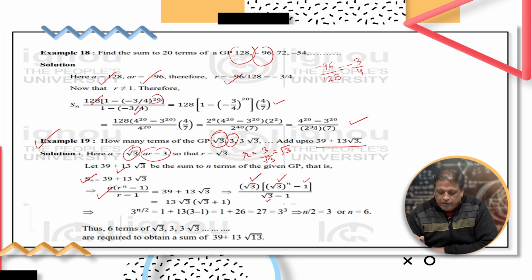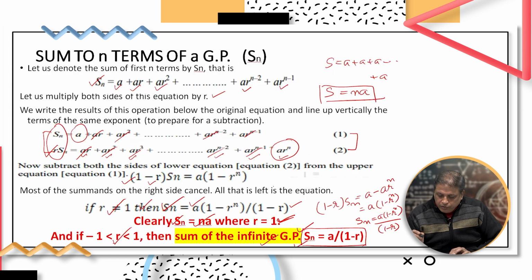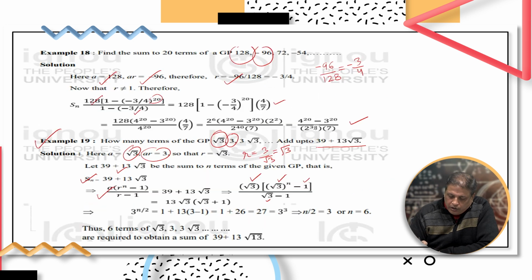By solving this expression, the entire solution turns out to be 3 raised to the power n by 2 is equal to 1 plus 13 into 3 minus 1, that is 27, and 27 is nothing but 3 cube.